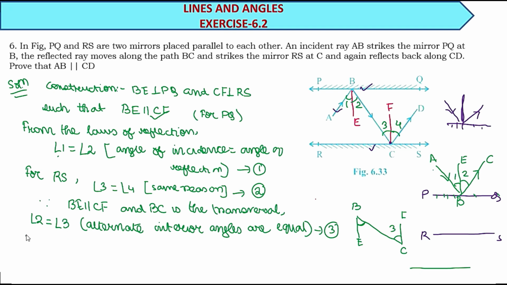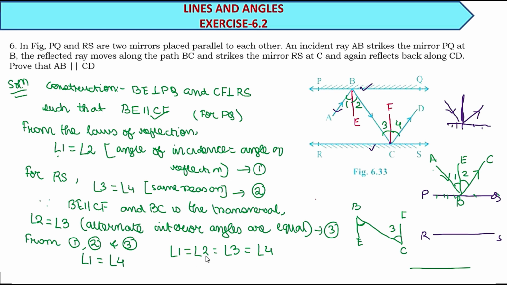From 1, 2 and 3, we can write angle 1 equals angle 4. So angle 1 equals angle 2 equals angle 3 equals angle 4.